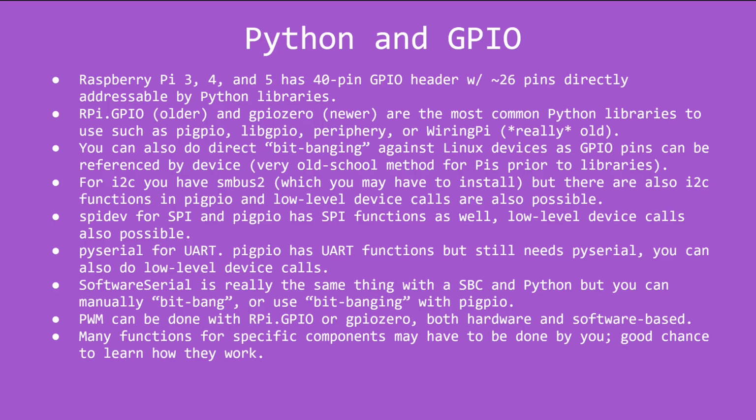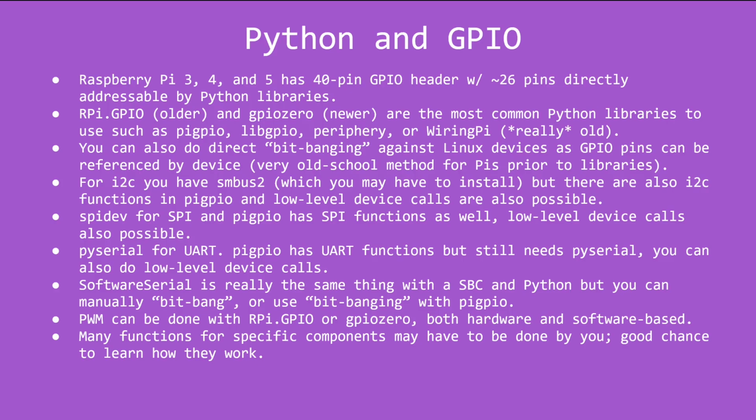But you also have some I2C functions in Pi GPIO, and you can make low level device calls. SPIdev for SPI, but again, Pi GPIO also has SPI functions as well. Low level device calls. PySerial for UART.